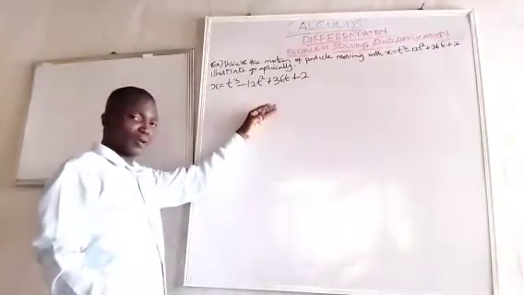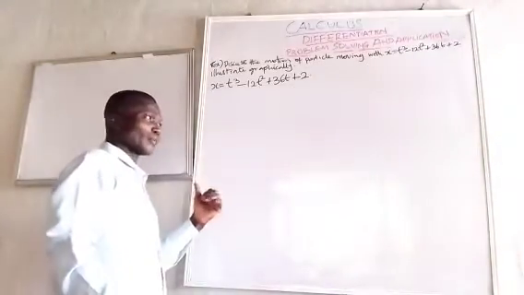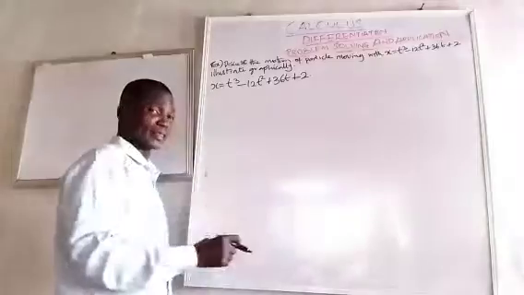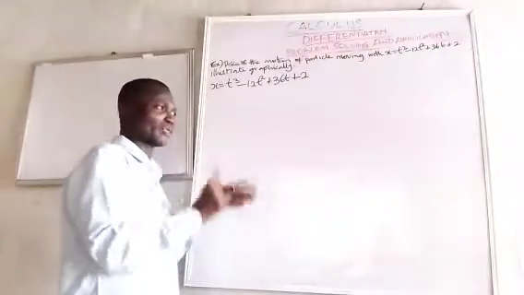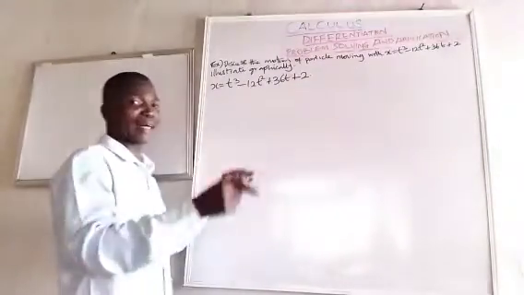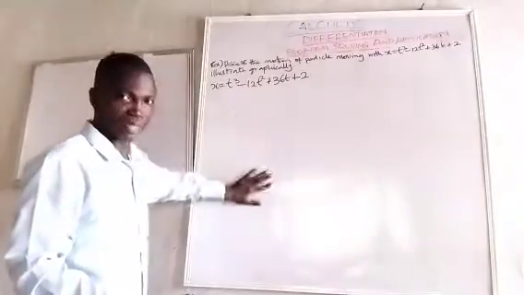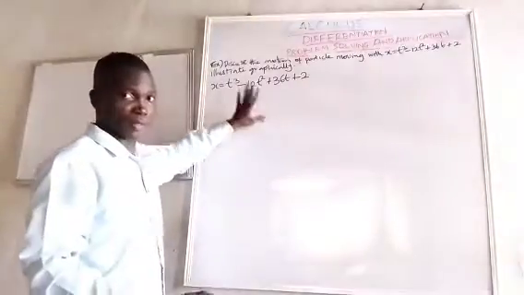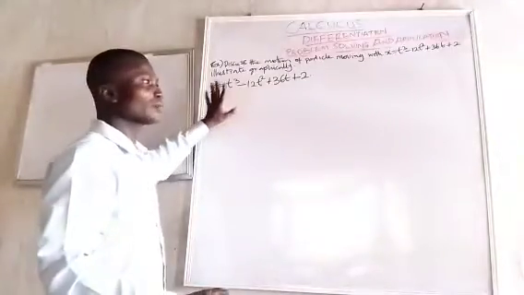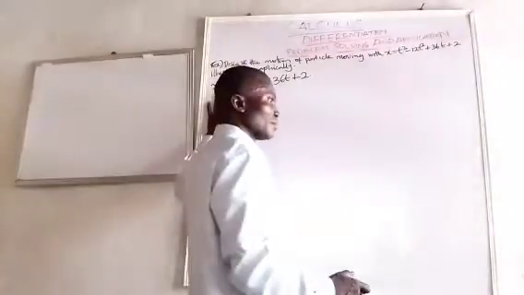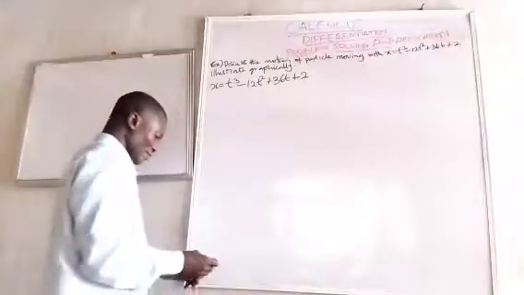In the previous example we did, the reference point was where that particle started motion. But in this instance, we will also check that by substituting 0 for t.